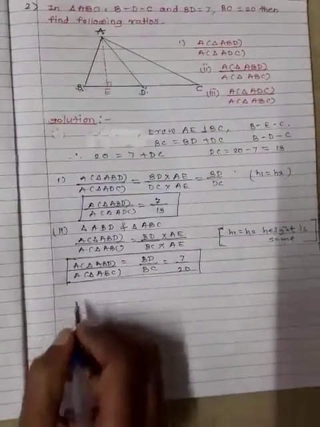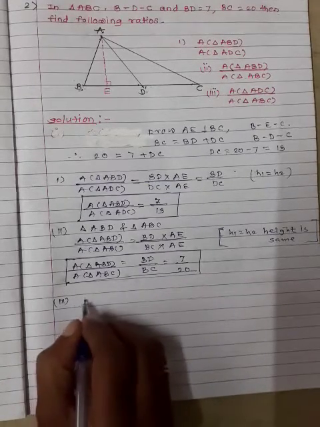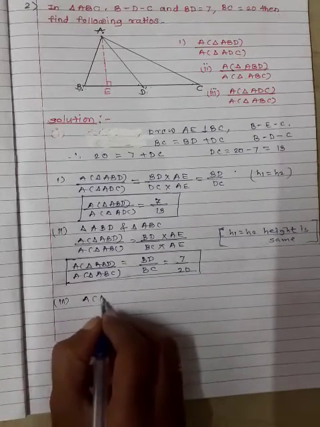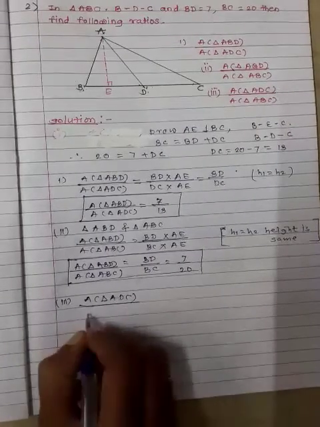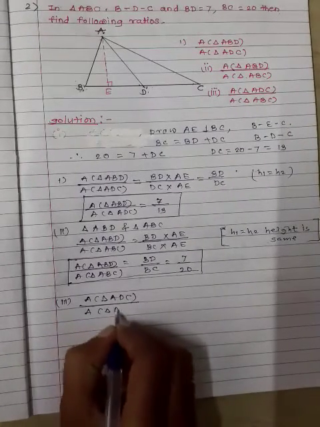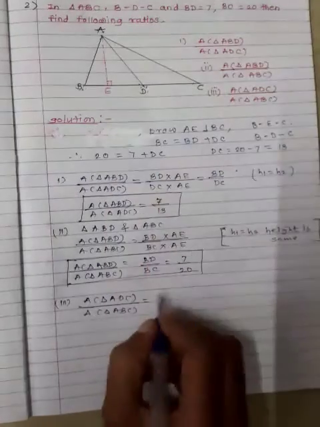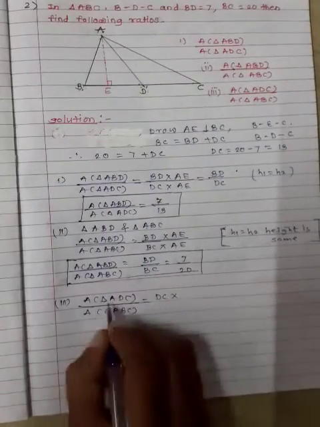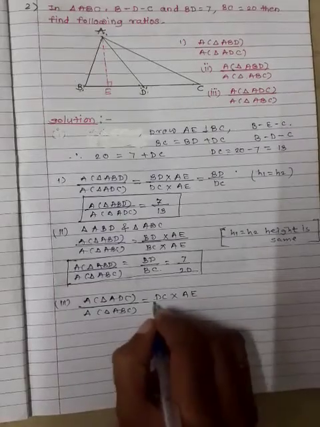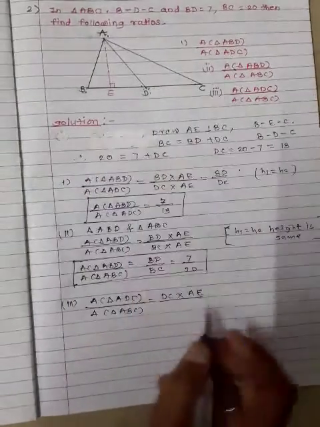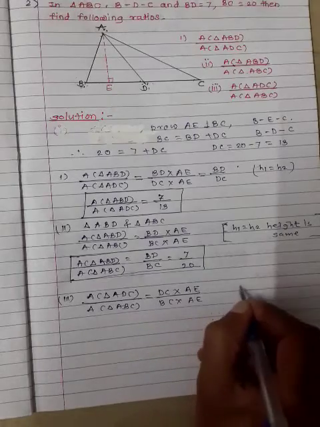Third one, area of triangle ADC upon area of triangle ABC. DC is the base and height is AE, upon BC is the base and height is AE.